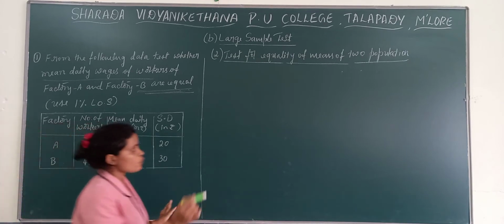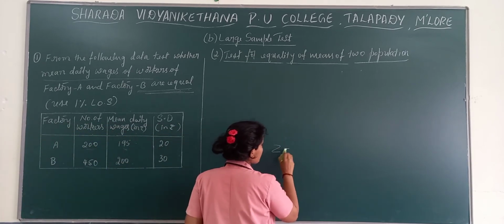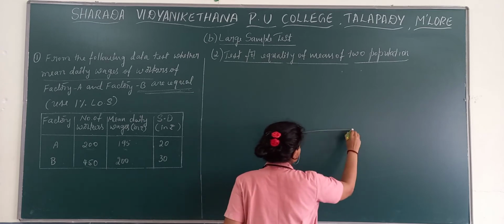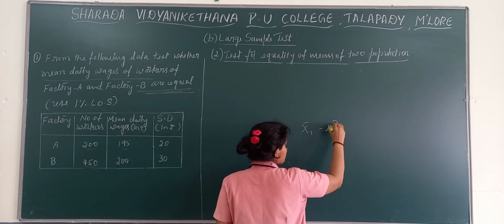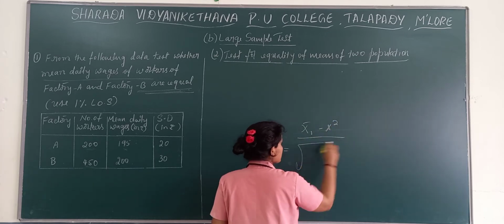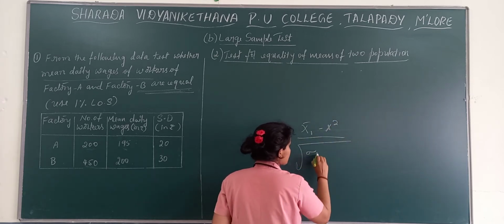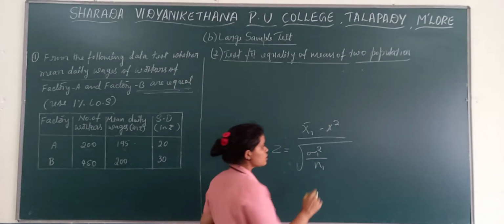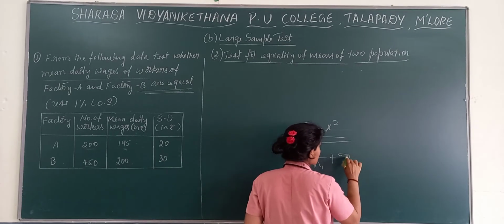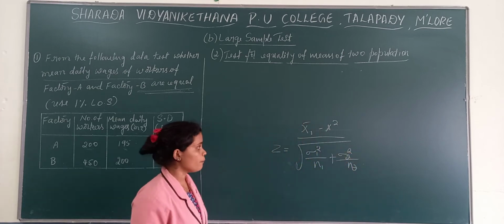Now you need to see what the formula is. The formula is the normal test: x bar 1 minus x bar 2 divided by root of standard deviation 1 square by n1 plus standard deviation 2 square by n2.